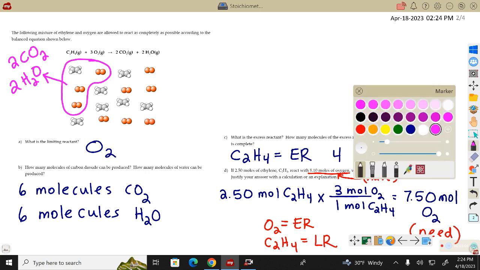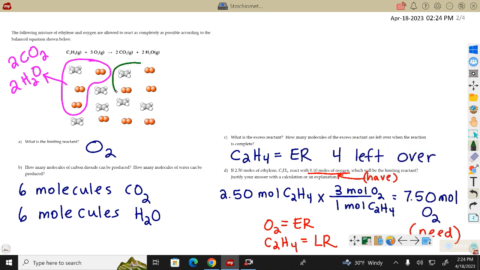And I'm just going to do that as many times as I can until I run out of something. Every time I can group 1 ethylene and 3 oxygen, this grouping would make 2 carbon dioxide and 2 water. And we keep going.